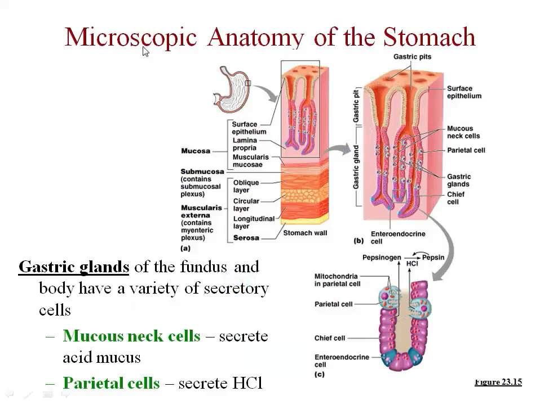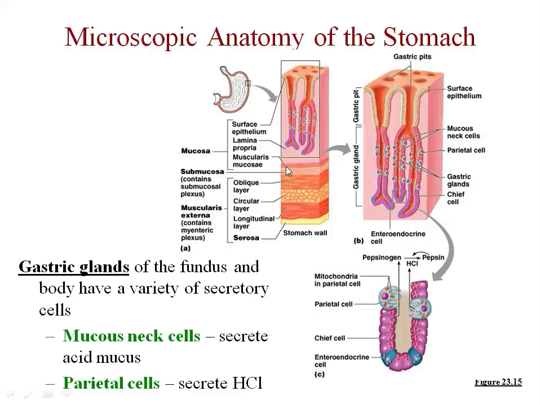Okay, now the microscopic anatomy of a stomach. Now in detail we'll go and see what the parietal cell, mucous cell, and gastric cells are. Okay, so this is a portion of the stomach wall, then serosa, the outermost layer, then longitudinal muscle, circular muscle, oblique muscles. So all this is the muscularis externa. Then the submucosa portion is there with not much modification.